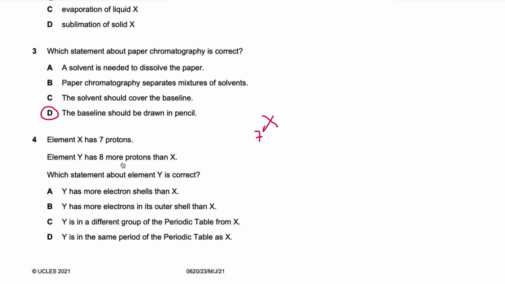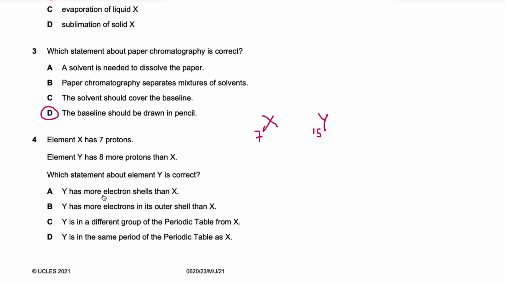Element Y has 8 more protons than X. 8 more means 7 plus 8. That will be 15. Y will be 15, right? Now, which statement about element Y is correct?